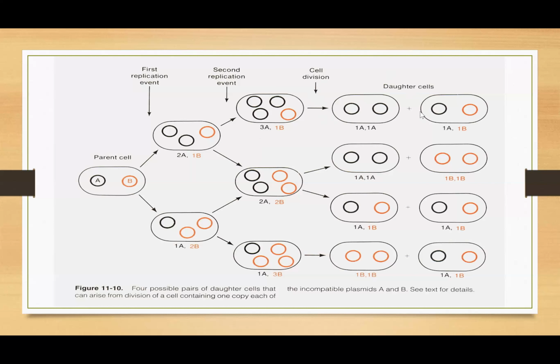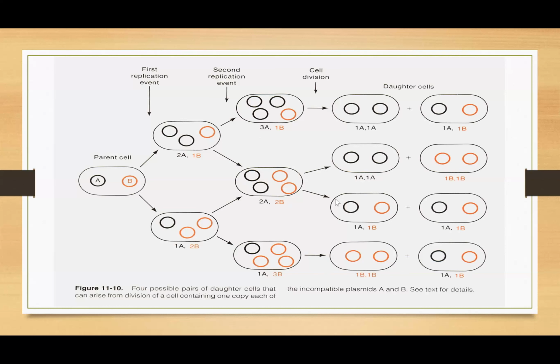So now you can see that when this cell divides, it gives you 2 daughter cells: one cell will have only A plasmid, and the other will have 1A, 1B. Similarly, this way you see only A or B, or AB, AB. This is one of the possibilities, that both cells will have the original plasmid pattern of A and B. And here you will see 1B.